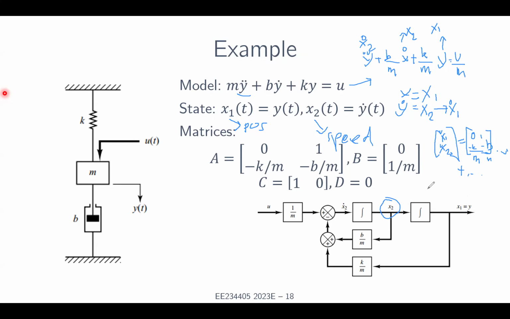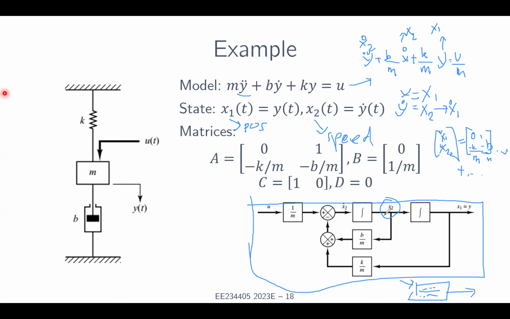It's important to know that the position here is affected by the speed or velocity, right? So this shows the internal process in the plant. I think that was important. Of course, we could simplify this by writing it as a transfer function, but it's also useful to know how to represent the internal system of the plant itself.